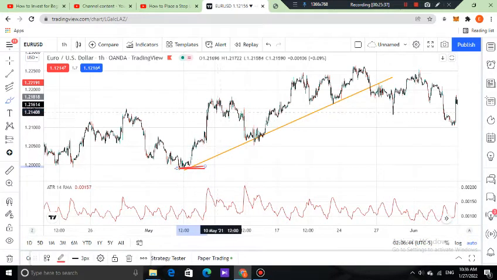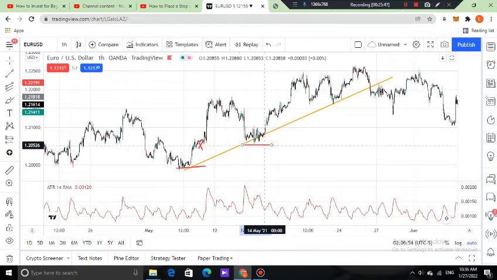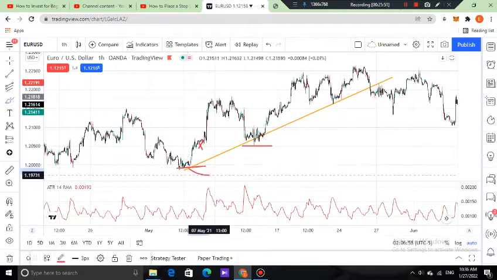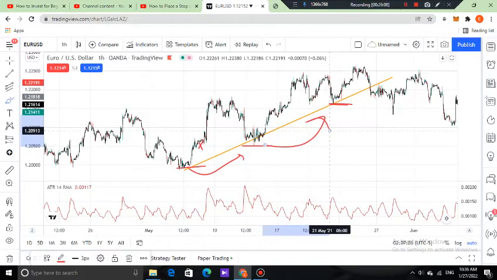When you enter the position at this point, you put your stop below this bottom, and as price goes up, as a swing trader, you trail your stop to a higher bottom, and you continue this until you take profit.